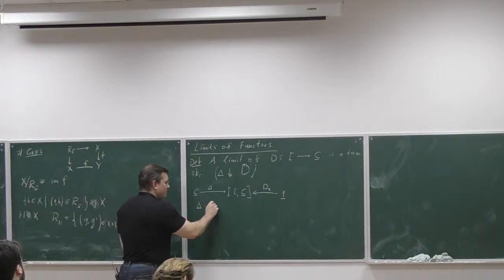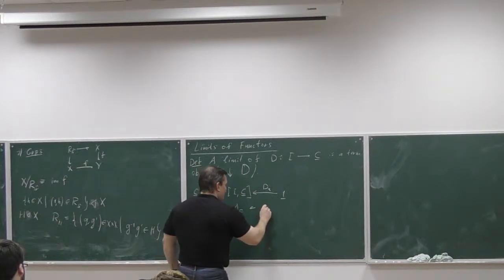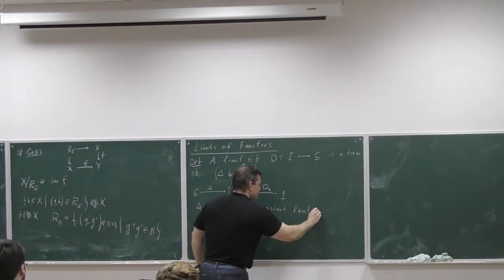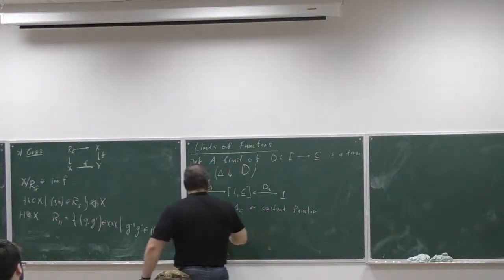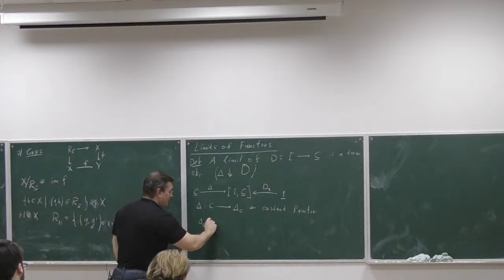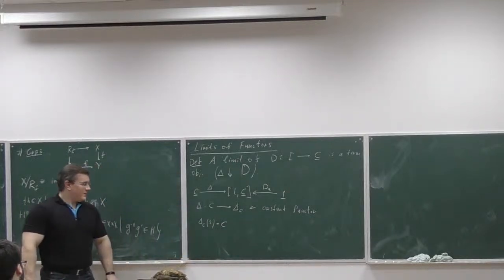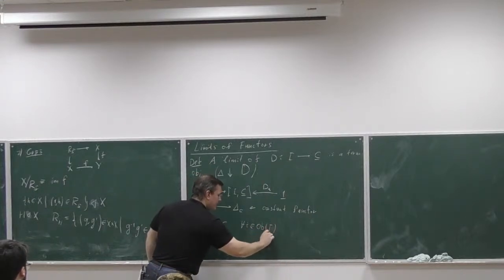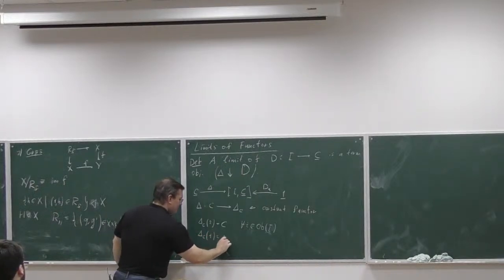Δ takes an object C and sends this to the functor Δ_C, and this is a constant functor. We call it constant because if you want to compute this on some object I, this is C for any I. And of course, for any map, this is just identity.